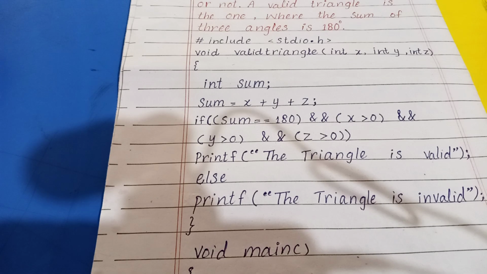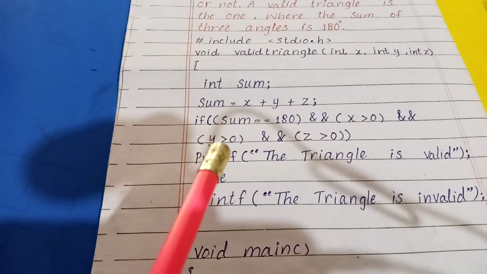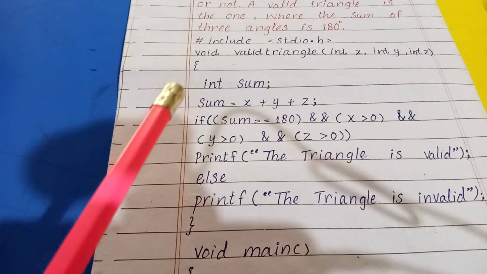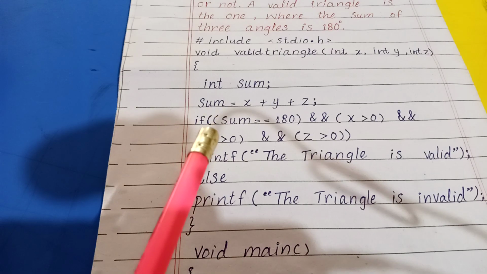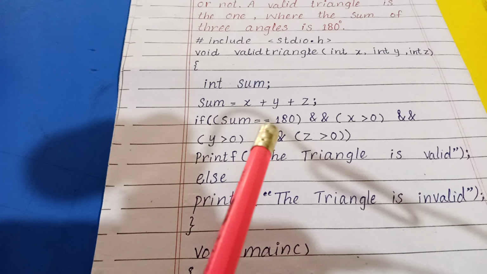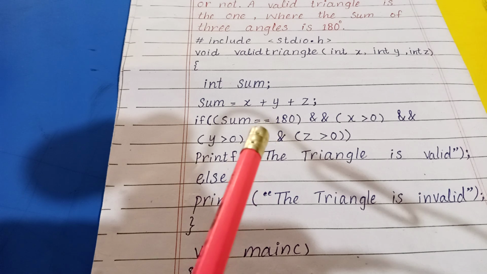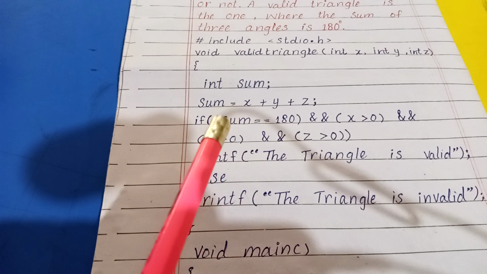We have two conditions: if our triangle is valid, and if our triangle is not valid. That's why we are using the if statement here. Within the parentheses we have sum == 180. A double equal sign means equal, and a single equal sign means to assign.